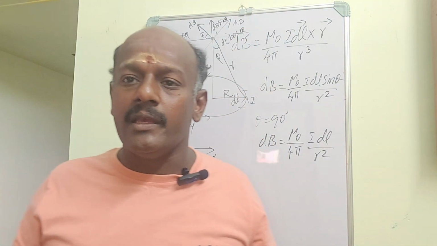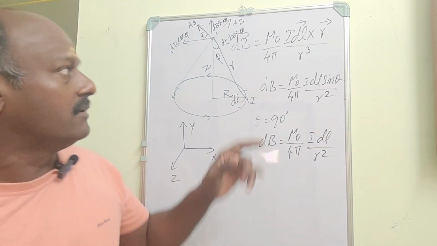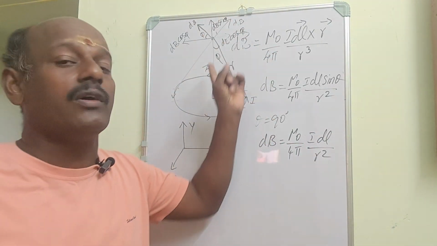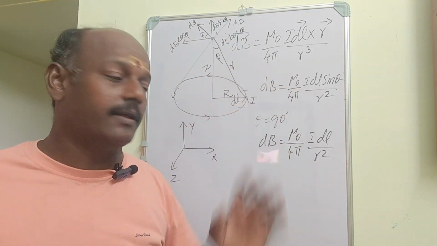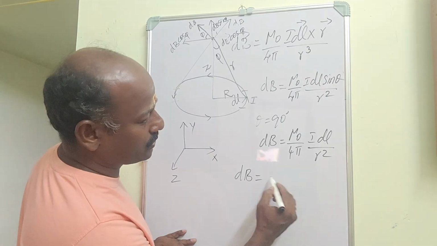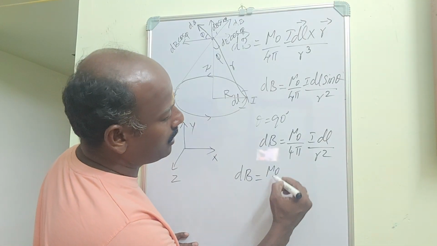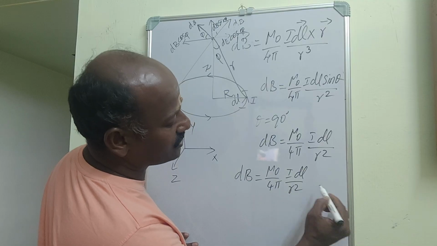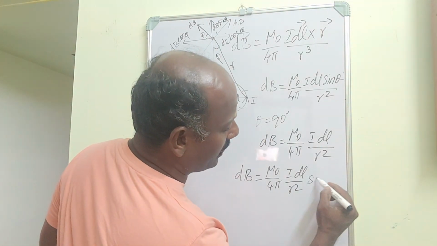So automatically, which component will get cancelled? dB cos phi will get cancelled, and only dB sin phi will contribute to the magnetic induction there. So I can write dB equal to mu naught by 4 pi, then I dl by r square, into sin phi.